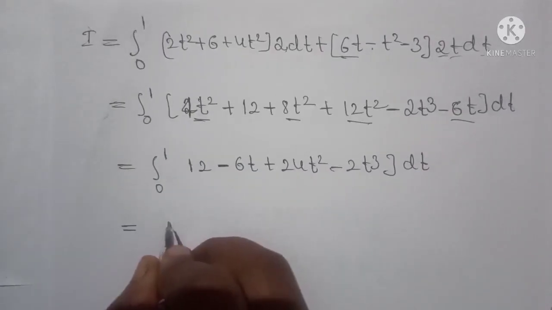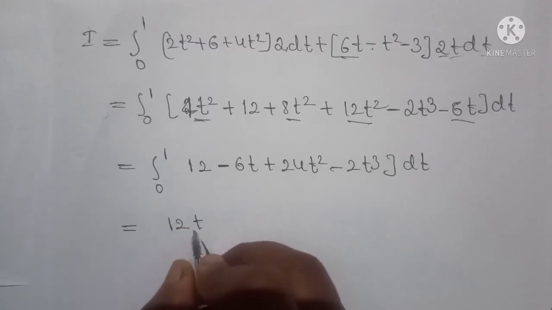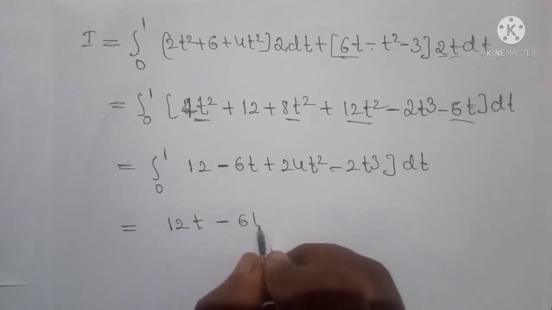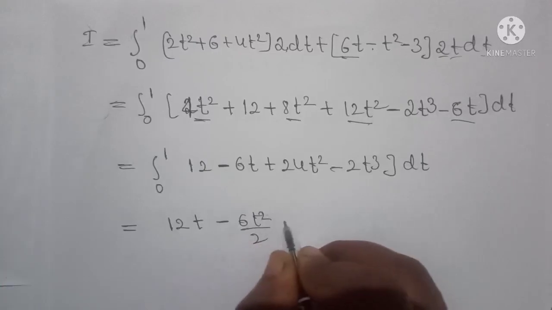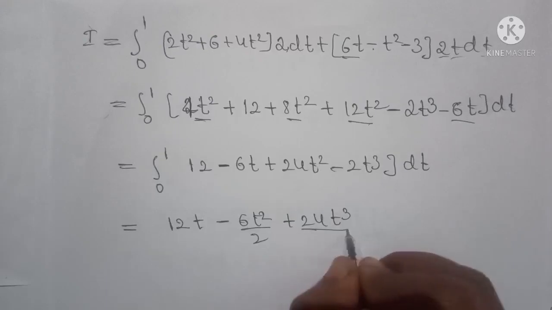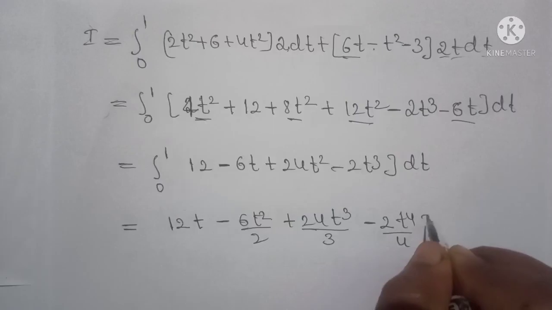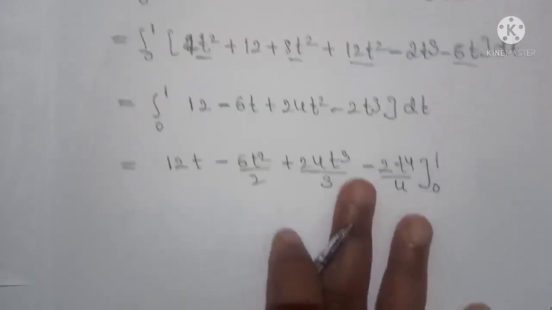Integrating, we get 12t minus 6t square divided by 2 plus 24t cube divided by 3 minus 2t power 4 divided by 4, and the limits are 0 to 1.